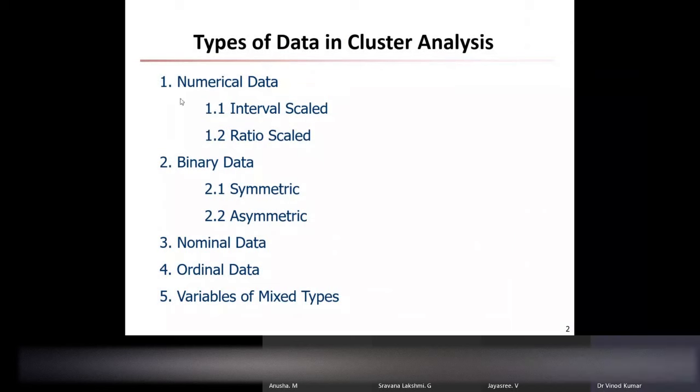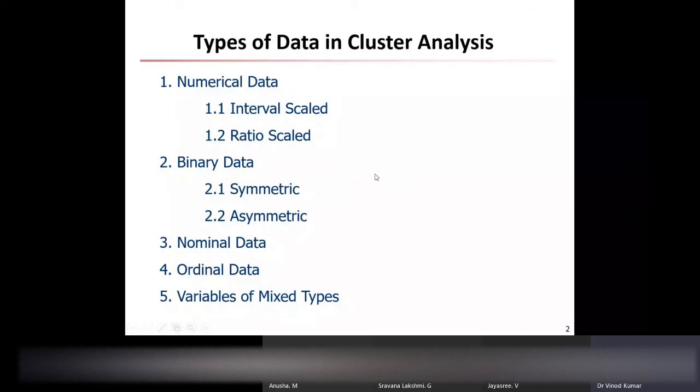There are six types of data that we will discuss in clustering analysis. First is numerical data, which contains two types: interval scaled and ratio scaled variables.